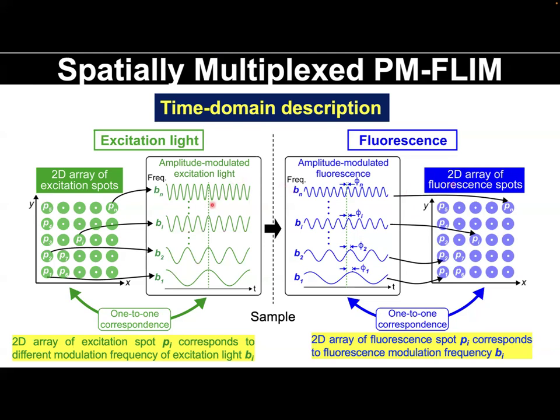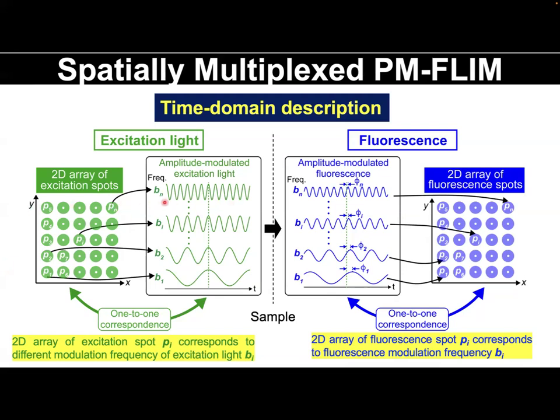In this case, the 2D array of excitation spots Pi corresponds to a different modulation frequency of excitation light Bi, to have a one-to-one correspondence. So the resulting fluorescence.